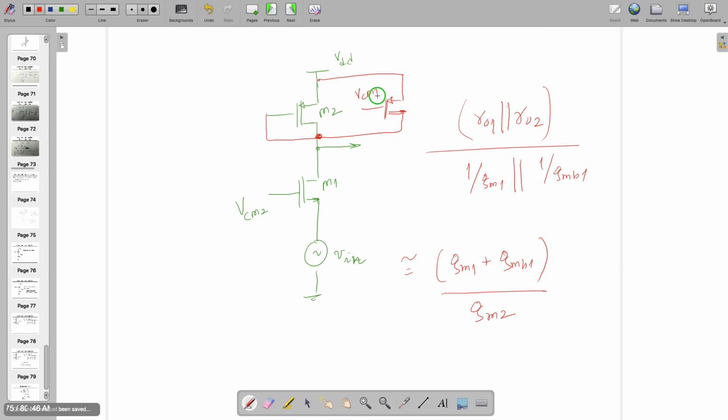Okay. 1 by GM, then GM1 plus GM2. This is what you are saying? Okay. Can you be a little bit louder?